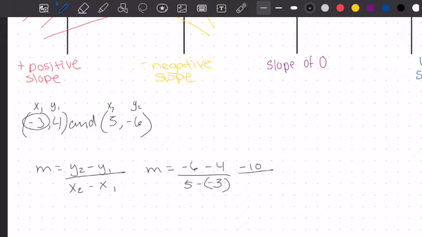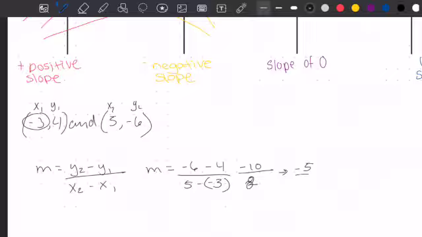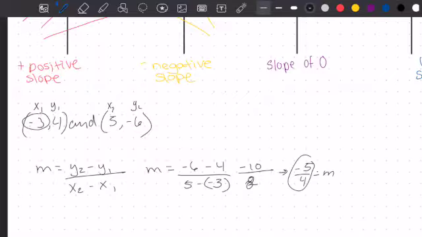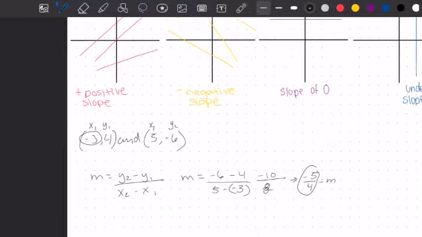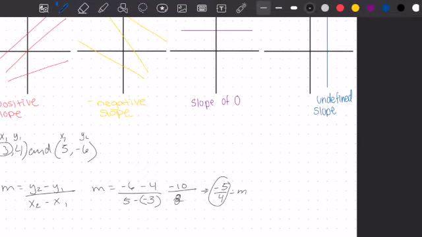And then 5 minus -3 is going to give us a +8. Now, when we go to simplify this, we're going to be able to simplify this by dividing both values by 2. So we're going to get -5 over 4 equals m. This is a negative slope, okay? Because it has that negative value there, it's a negative slope.